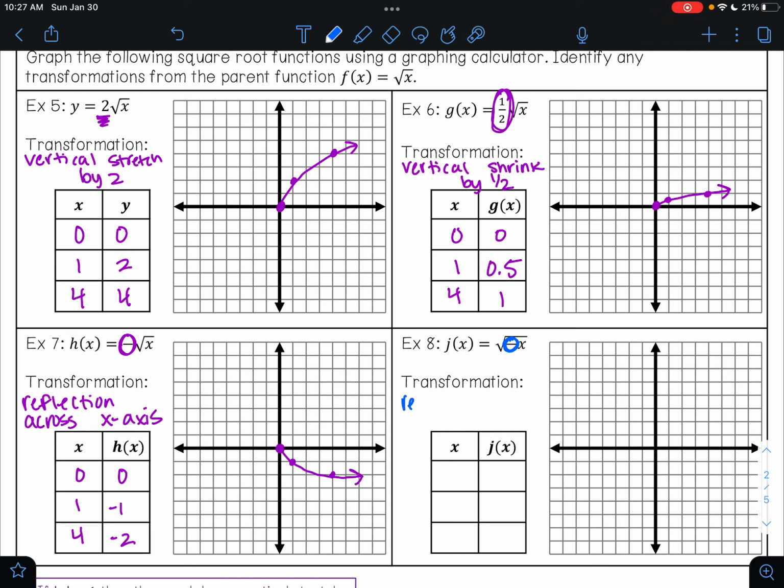So this is a reflection across the y-axis. And here those points would be negative 4, 2, negative 1, 1, and 0, 0. And so that one would look like this.